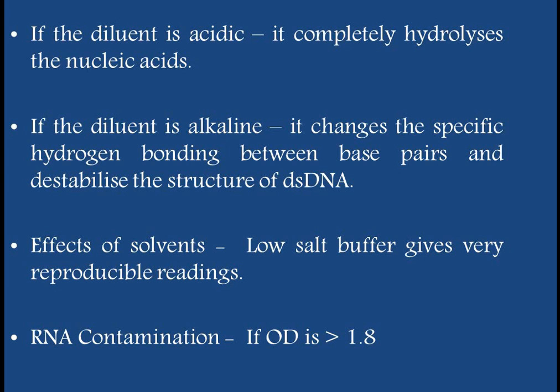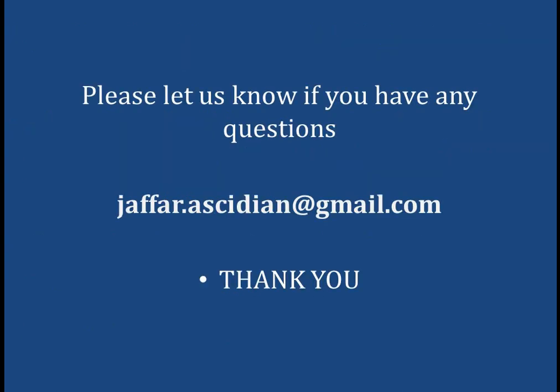So in the isolation procedure, if the solvent is a low salt buffer, then it produces reproducible readings. If the ratio is higher than 1.8, as I showed you earlier, more than 2, keep in mind that if it is 1.8 and greater, then your DNA sample is contaminated with RNA.